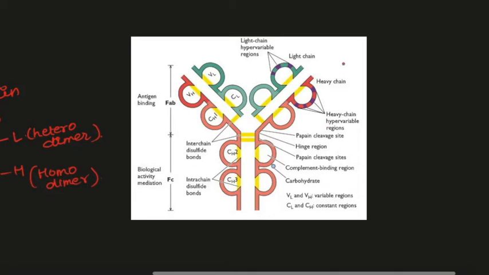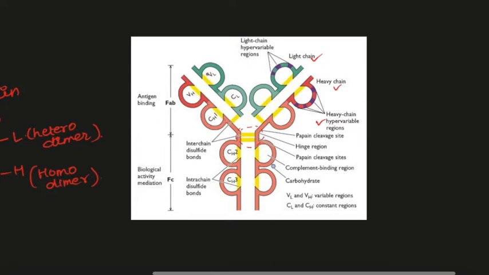Okay, and if we have a closer look at its molecular structure, we can see that it comprises light chain, heavy chain, heavy chain hypervariable regions, then the hinge region, and apart from that, intrachain disulfide bonds, which are present in the form of the yellow color over here.